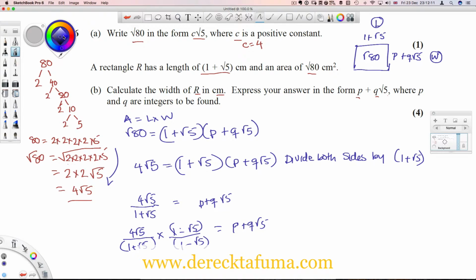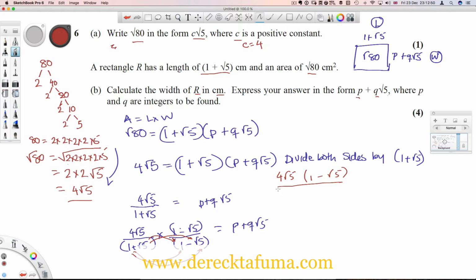I might want to change color here just to get this multiplication here. So we're going to have 4 root 5, brackets 1 minus root 5, divided by 1 times 1, minus 1 times root 5, and then we do root 5 times 1 and root 5 times a minus root 5.